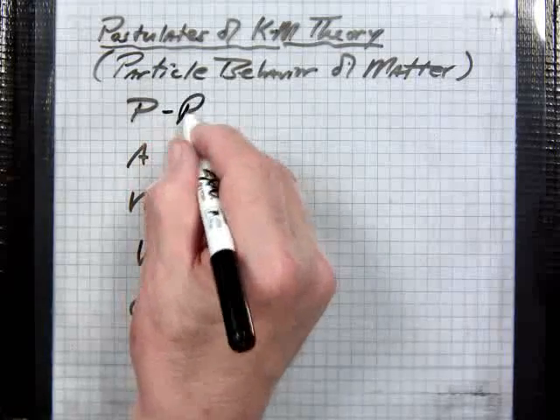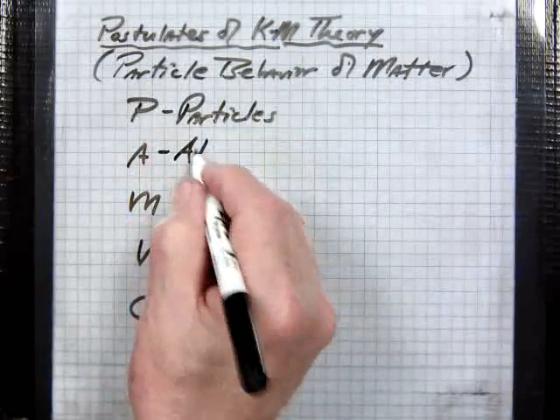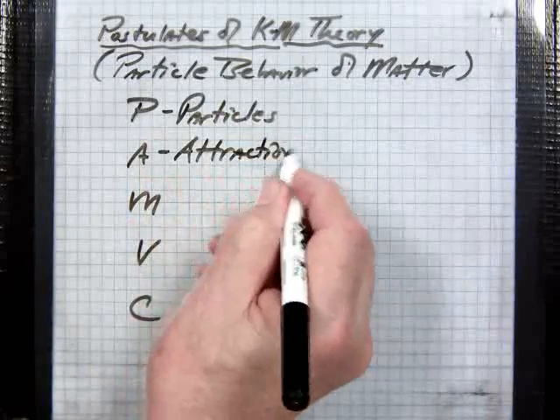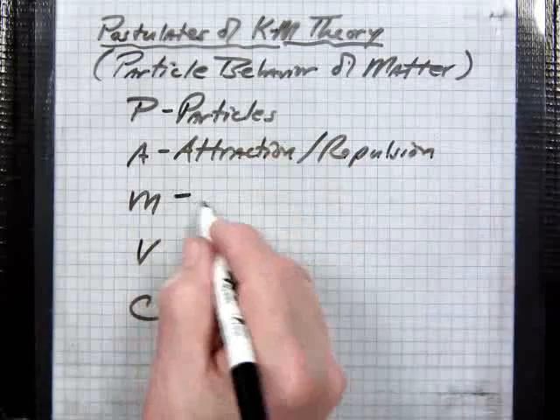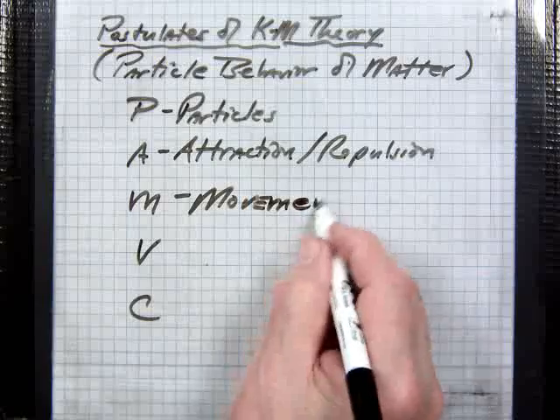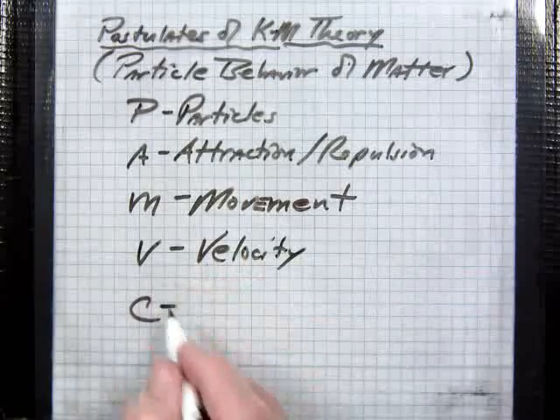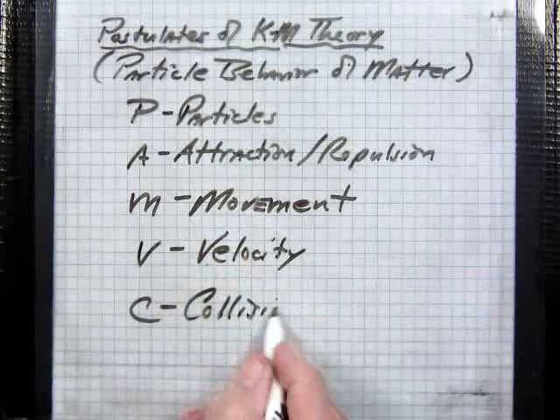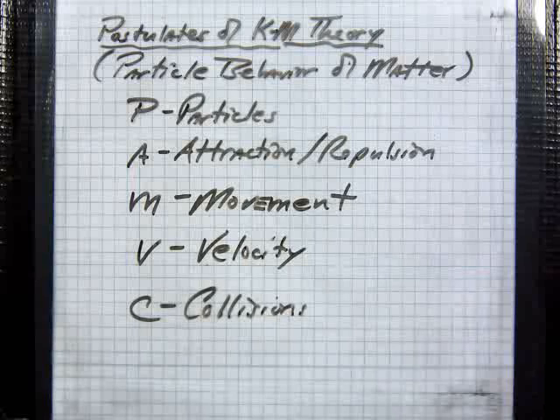P stands for particles, A for attraction, repulsion, M for movement, I'll explain that, V for velocity, and C for collision. When you look them up online or in a book, you may not find them specifically in this order, but it fits my acronym, PAMVC.